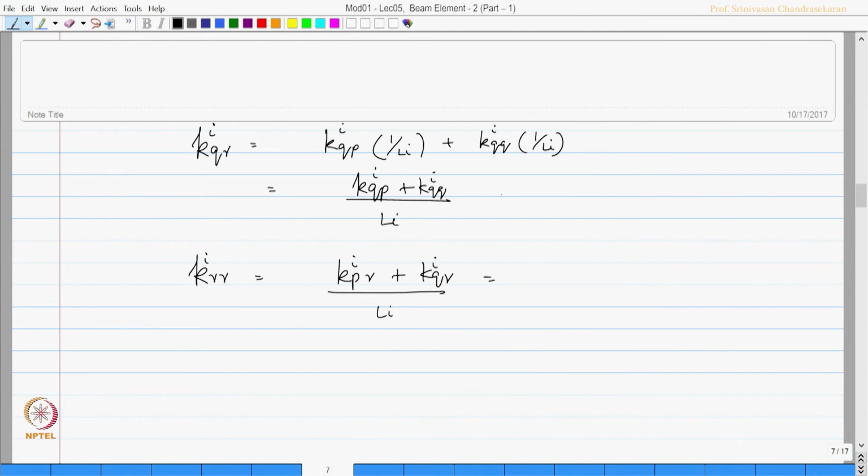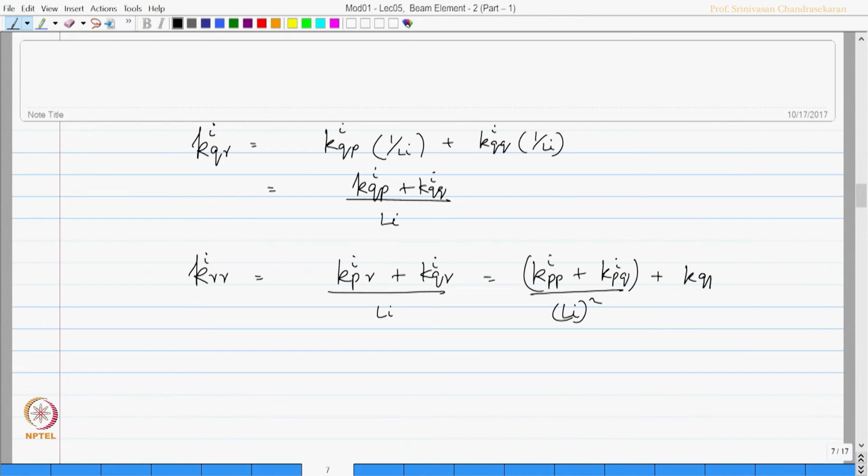So, which should be Kpp plus Kpq by Li square, there is already Li here, plus similarly Kqr is Kqp plus Kqq.